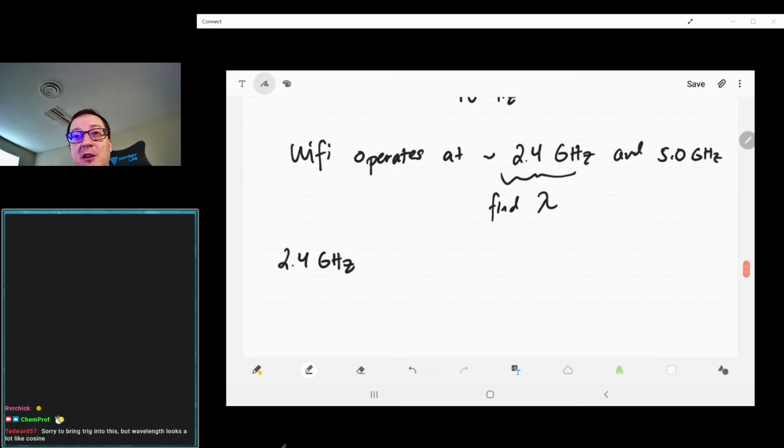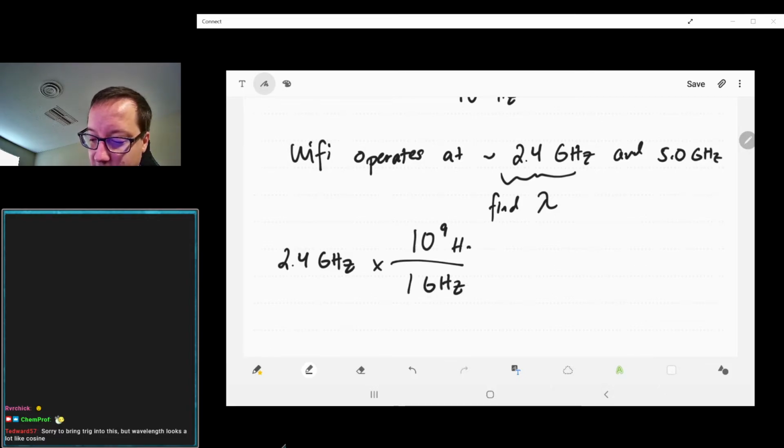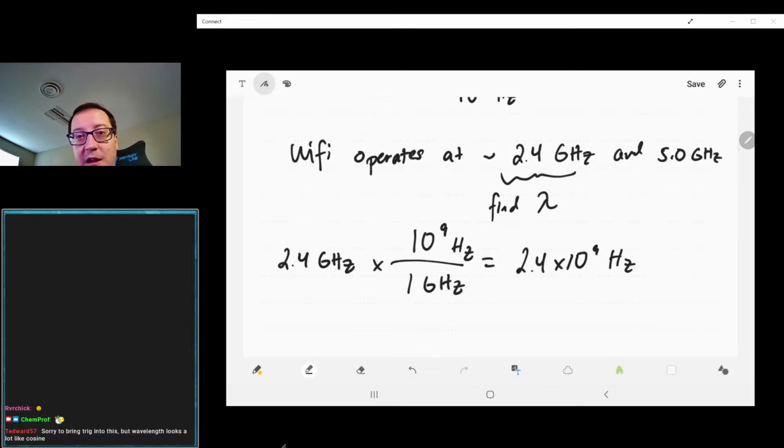Remember, if we're going to use it in our formula, it needs to be in units of hertz, not gigahertz. We just saw that that's going to be 10 to the 9th hertz. And so it's going to be 2.4 times 10 to the 9. Isn't that exciting? That math was very difficult. I was barely able to do it in my head, but there we have it.